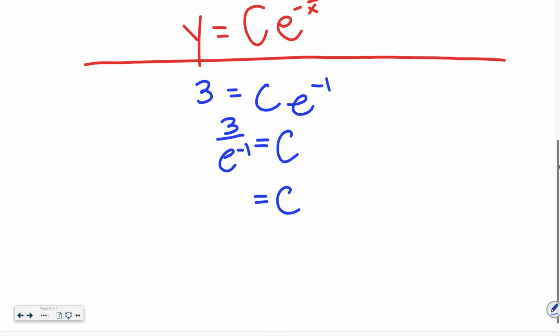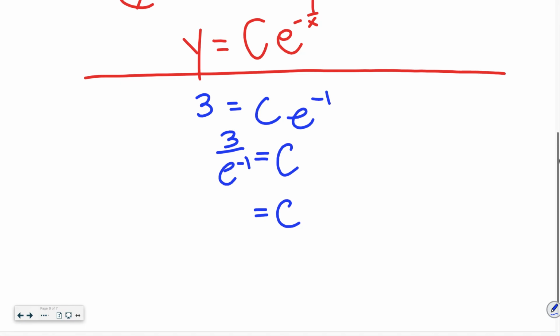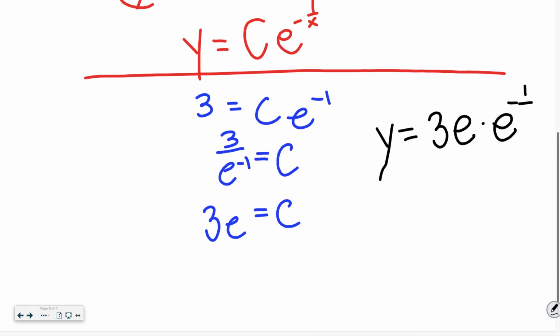If I'm dividing by e to the negative first, it's just 3 e to the first, because we can just bring that up. So the reason I wanted to do this together, A, for that purpose, B, I would be okay if you wrote 3e times e to the negative 1 over x power.